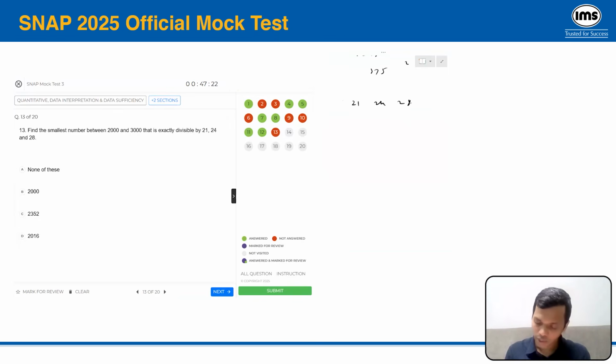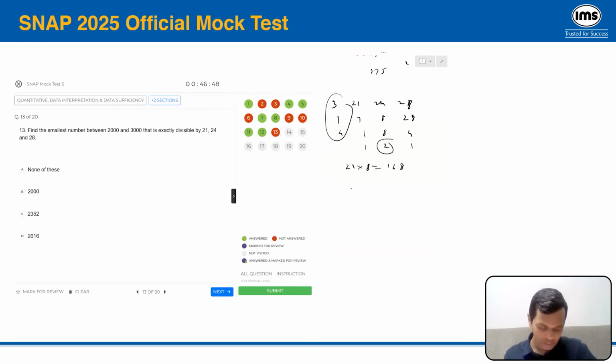21, 24 and 28. Okay. Better to do it using options. 2000 is not the answer. But none of these is also there, right? So I'll have to find the LCM, right? So 28, 4, 8, 4, 1, 1, 2. So this into this, 21 into 8, which is 168.